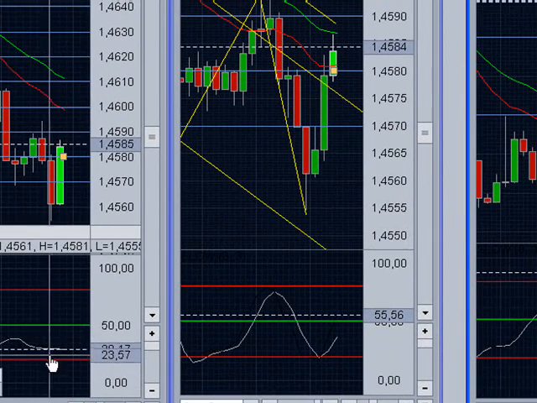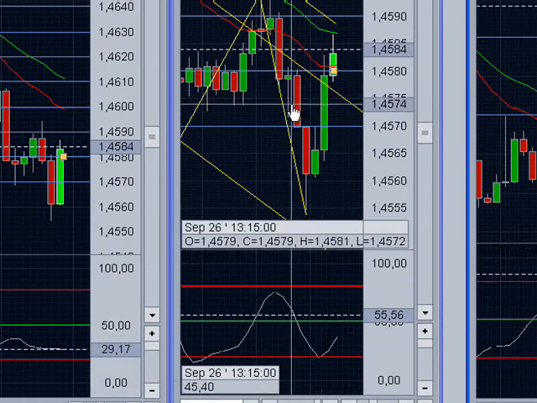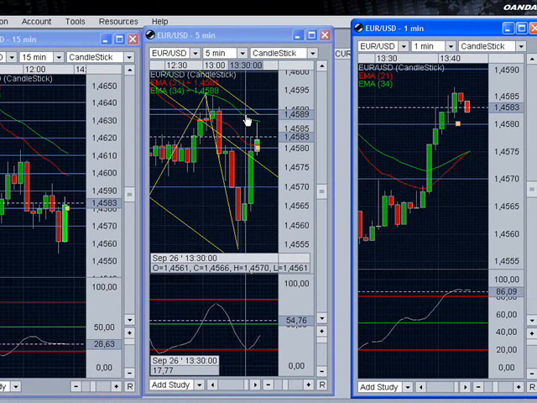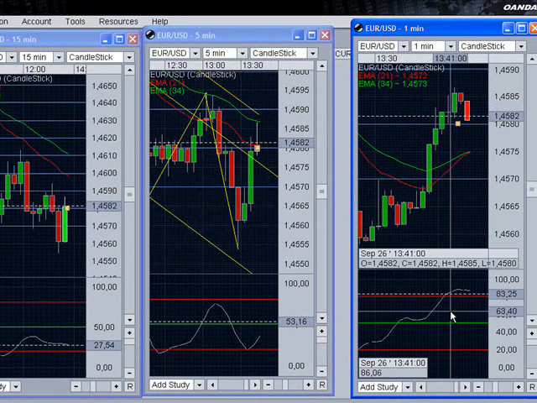The stochastic on the 15 minute is low. We are touching here our moving averages, which are going to work as a resistance, and we already see here on the 1 minute stochastic that the curve starts to point down.